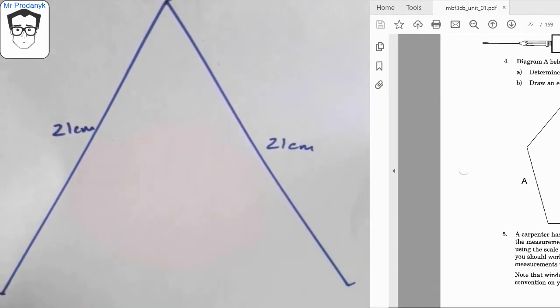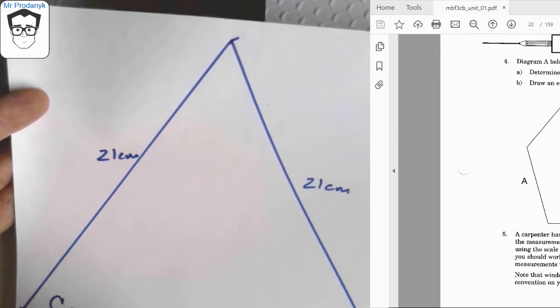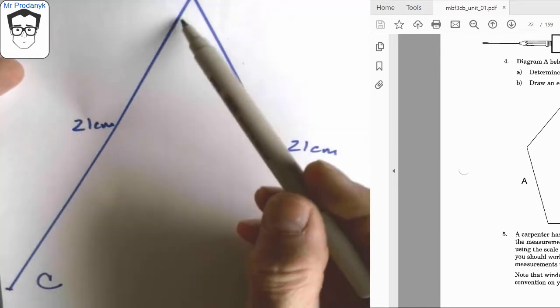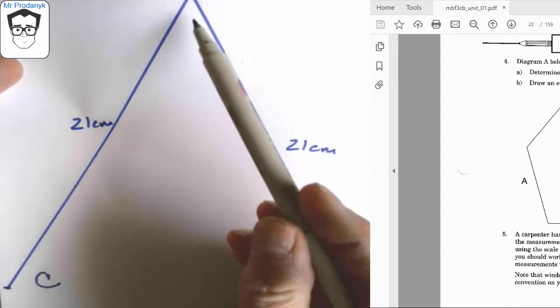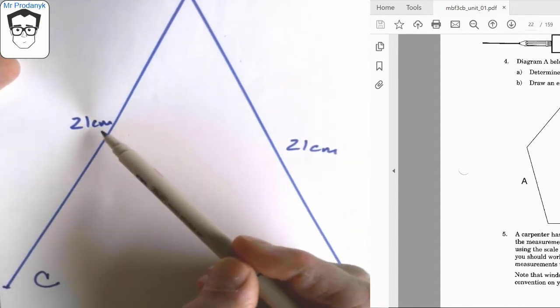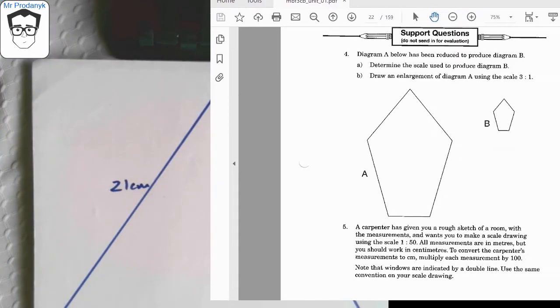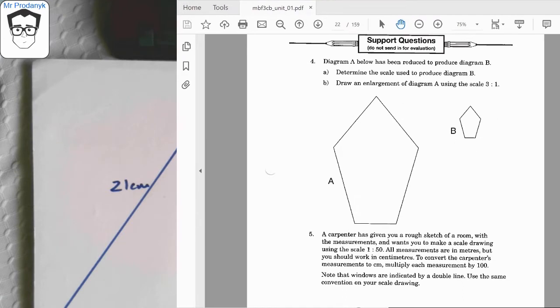I could call this my drawing C. So where this side was 7 centimeters in the original with a 3:1 magnification, it has now become 21 centimeters. Fairly straightforward, and you just have to complete that exercise.